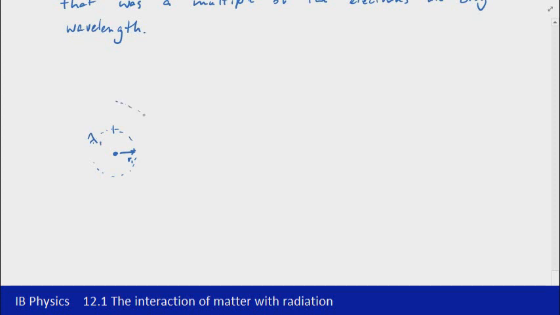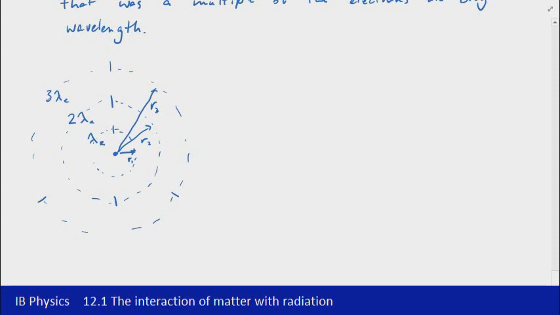If we then go to the second energy level, the radius there is R2, and we could then fit in 2 de Broglie wavelengths, sorry, that should be lambda e, not lambda 1. Then if we go to the third one, we could fit in 3 de Broglie wavelengths of an electron, and that would correspond to the radius R3.